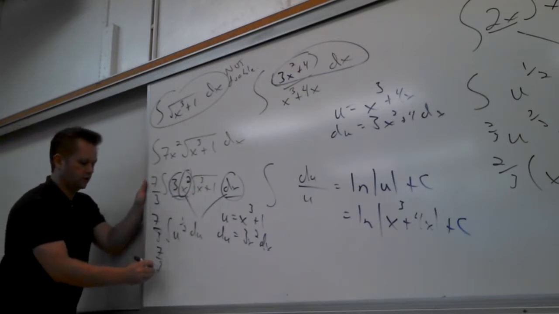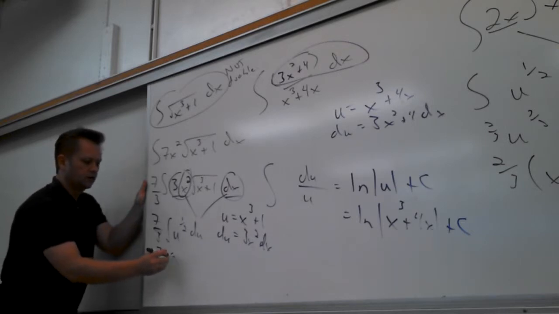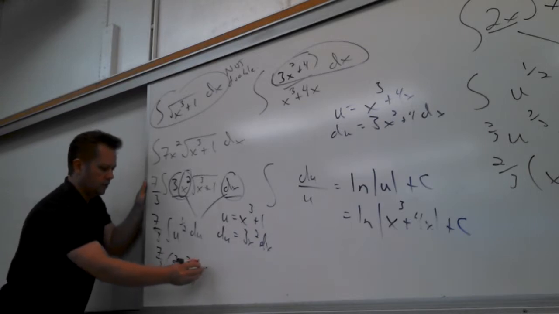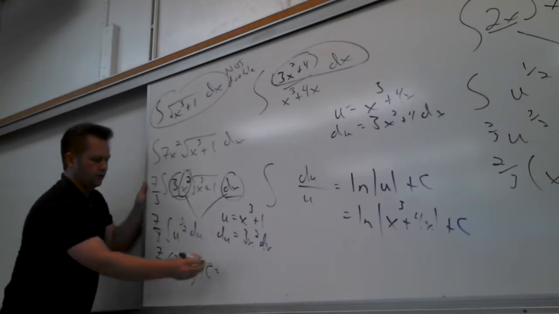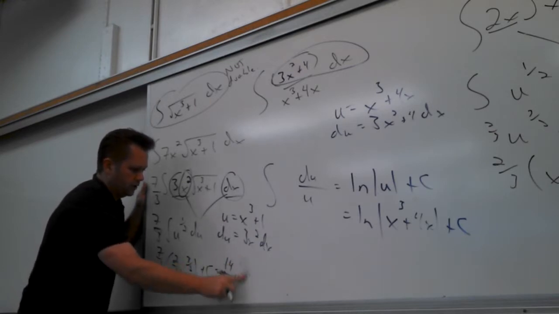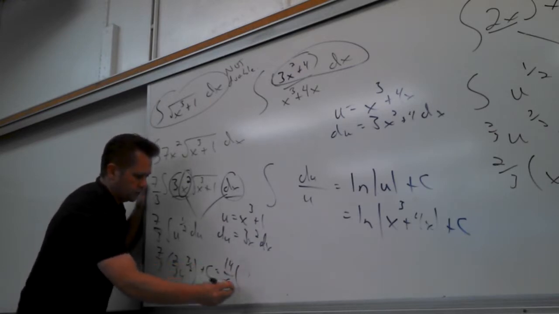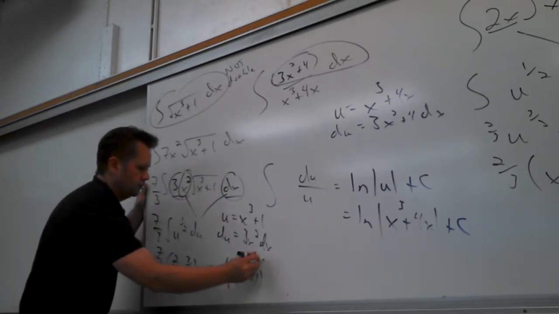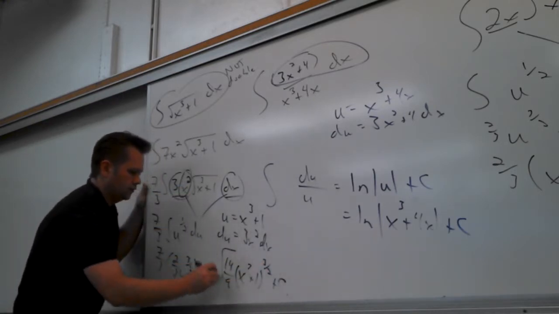So this is 7/3 times 2/3 u to the 3/2 plus c. So it's 14/9 u to the 3/2. Let's make u what it is. What's u? x cubed plus 1. So 14/9 times x cubed plus 1 to the 3/2 plus c.